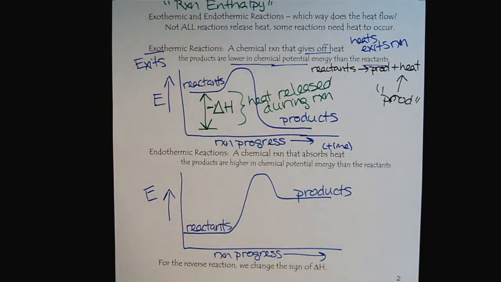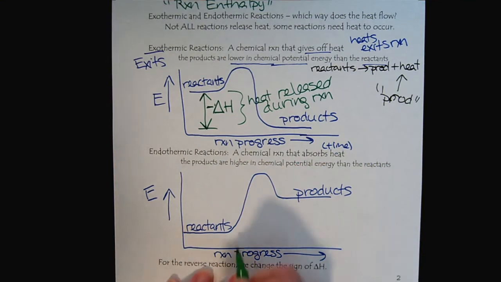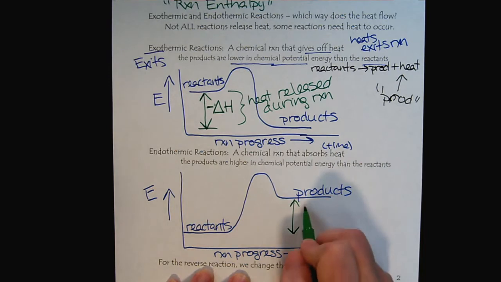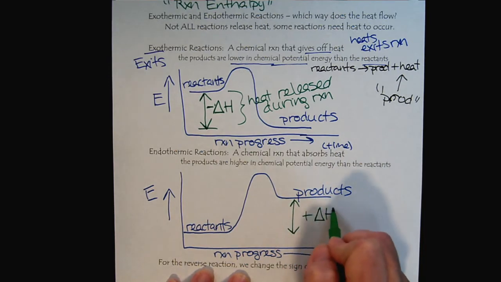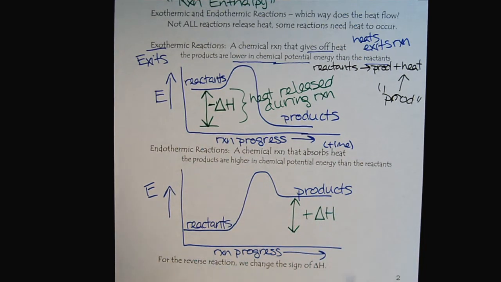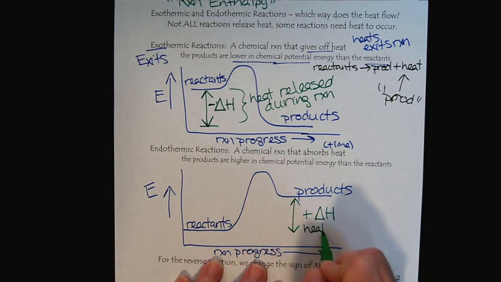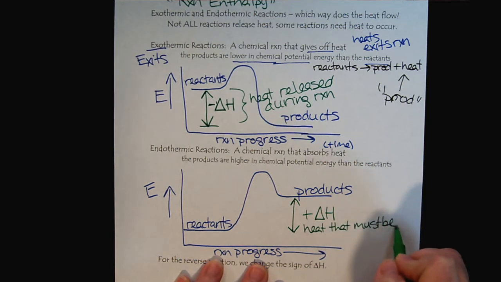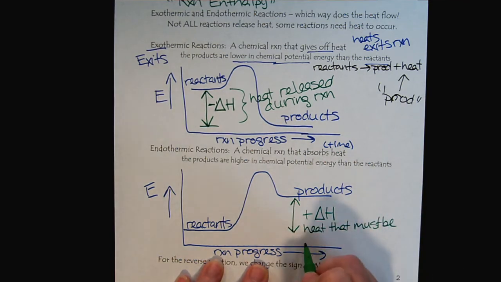So when we draw the reaction enthalpy, the heat of the reaction here, we're going up. So that's the positive delta H. All right. So this represents the heat that must be added to the reaction for it to occur.